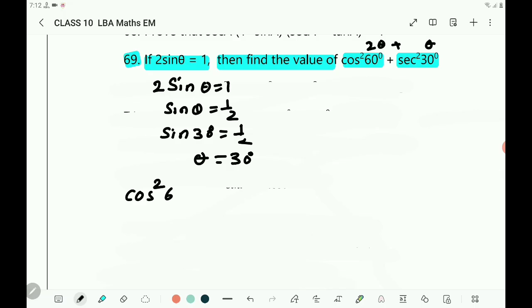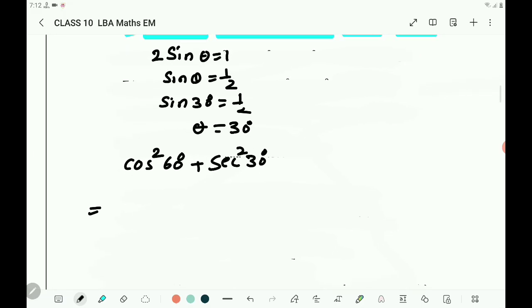Cos square 60 degree plus secant square 30 degree. Cos 60, you know, is 1 by 2 its whole square plus secant 30. Cos 30 is root 3 by 2. Secant 30 is 2 by root 3 its whole square.